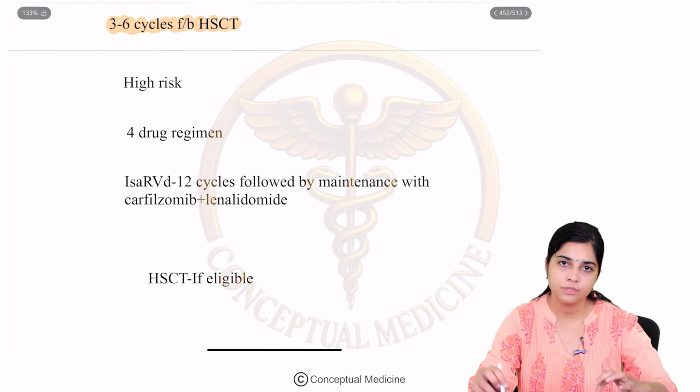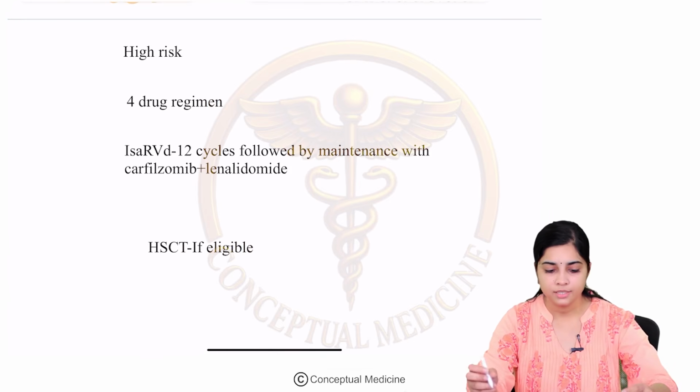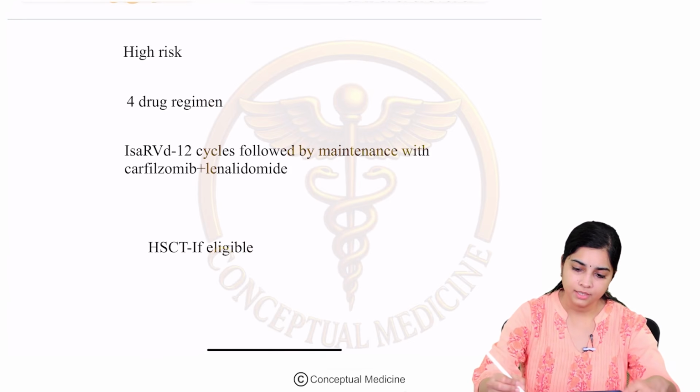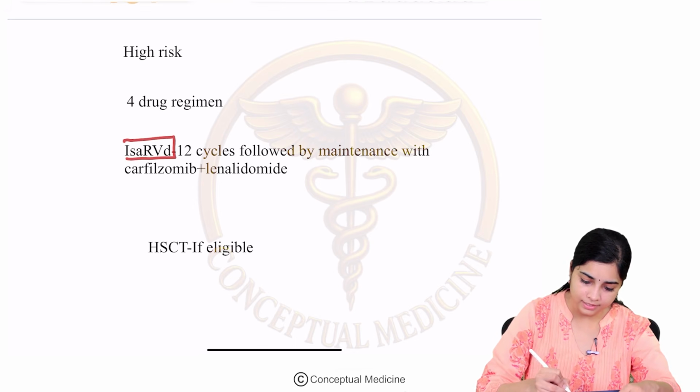In high risk individuals, we do not prefer any 3-drug regimen, so it is not the RVD regimen. It is usually a 4-drug regimen. And what is the 4-drug regimen that we use? We use the ISA-RVD regimen.